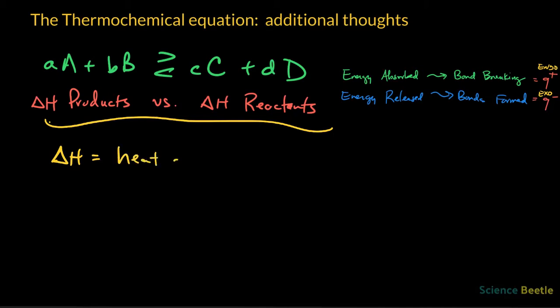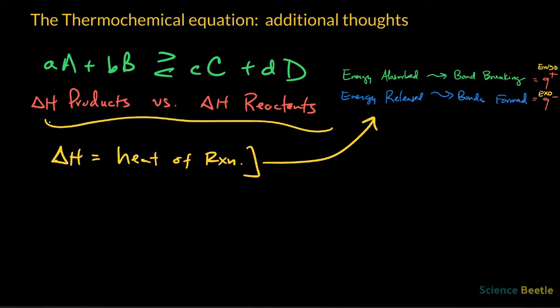This is going to be the heat of the reaction. Remember, from the heat of the reaction, if we have a positive value, it gives us an indication that it's going to be endothermic. If it's a negative value, then we know that it's going to be exothermic, because heat is going to be released in that instance where it's negative, and it's going to be required to be input into the system, in which case the value there will be positive.